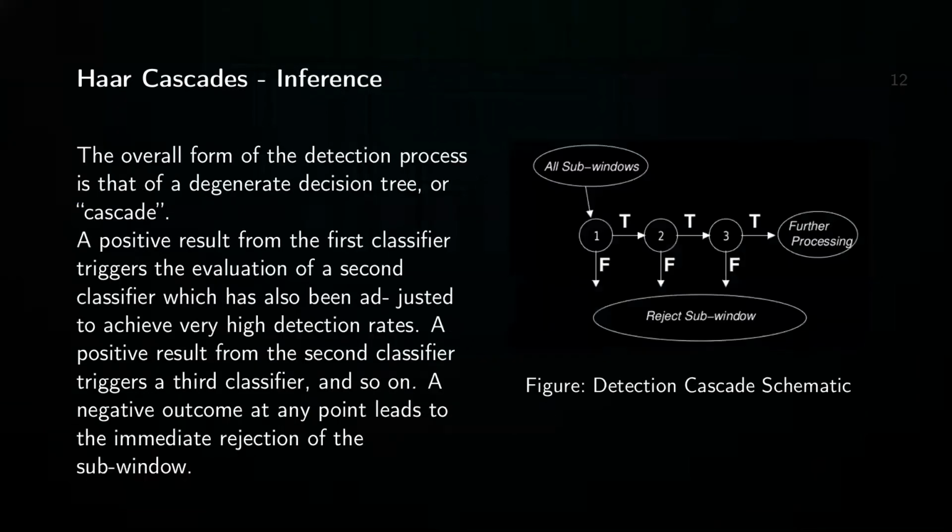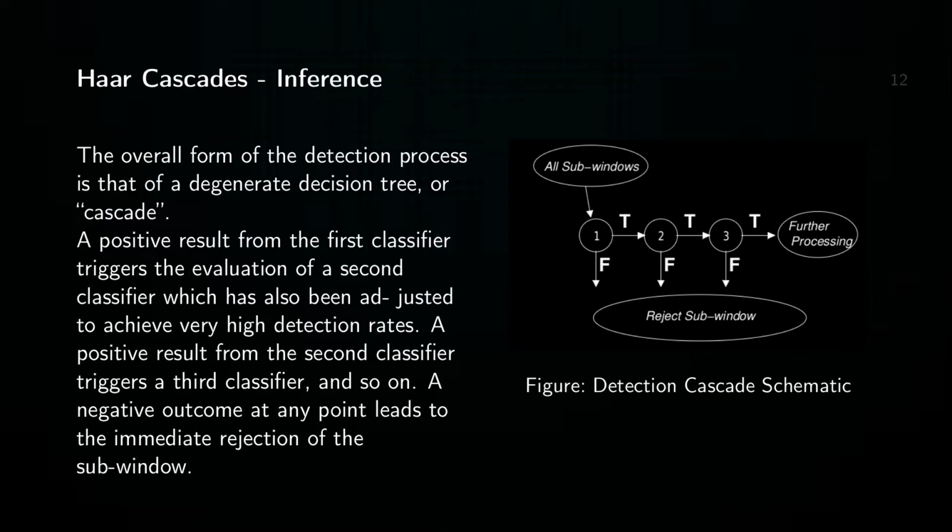Okay. So this is how inference happens in a Haar cascade. It's basically in the form of a decision tree, where a positive result from the current classifier triggers the evaluation of a second classifier, which has been adjusted to achieve very high detection rates. And as we go along these classifiers, the probability of actually getting a true value becomes very low.